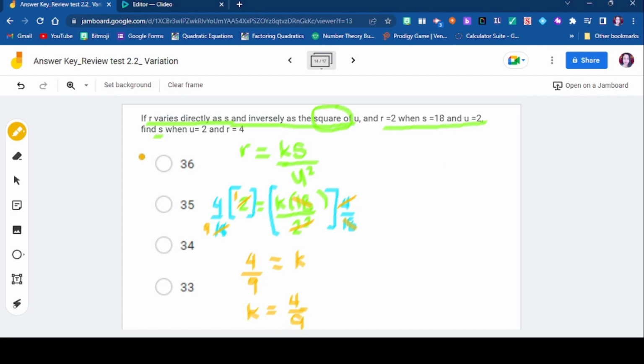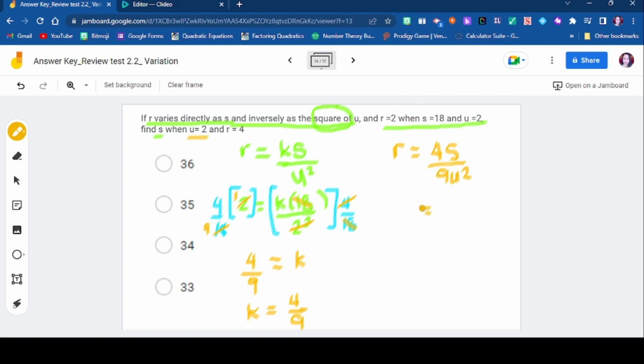So let us solve for the value of S. So let's go back to the original equation, which is R. But this time, we have to change the K into 4/9. So 4 times S. Since 9 is in the denominator part, so we have to put it below. So 9 U squared. So let's substitute. It says here U is 2 and R is 4.